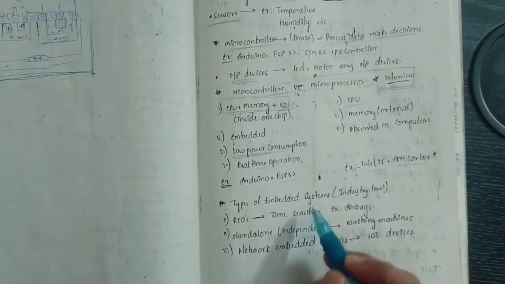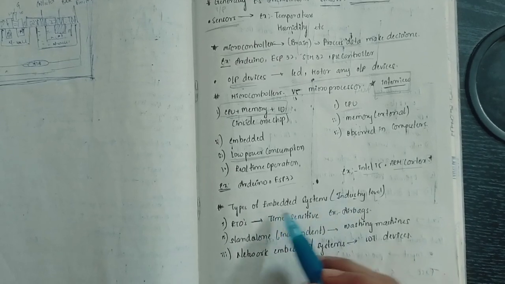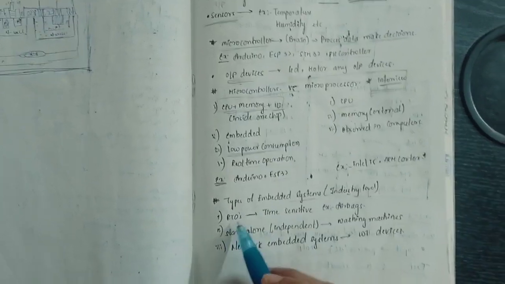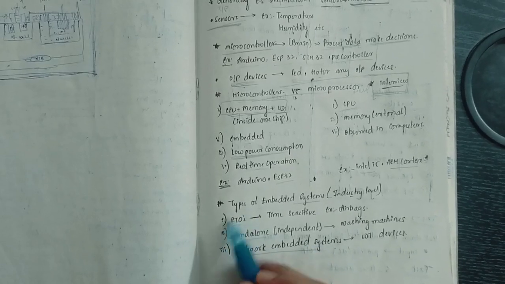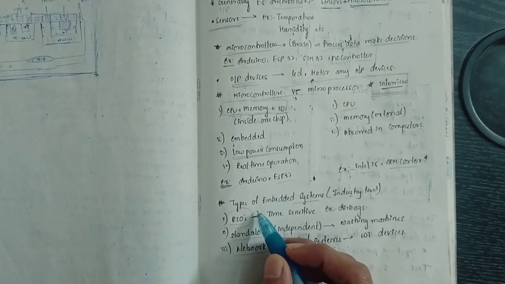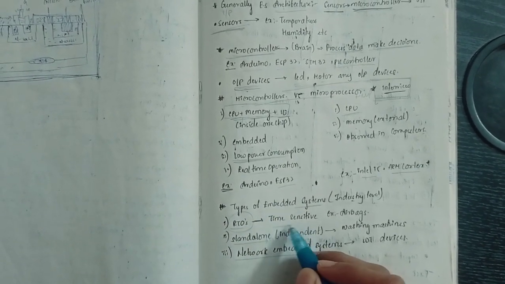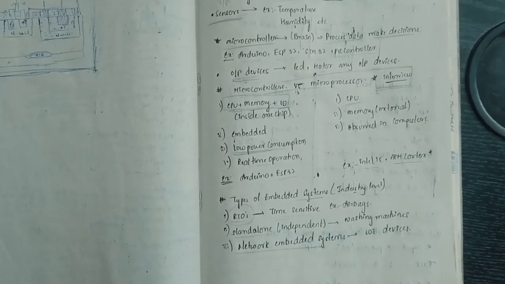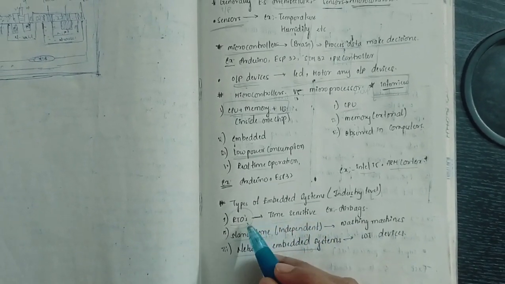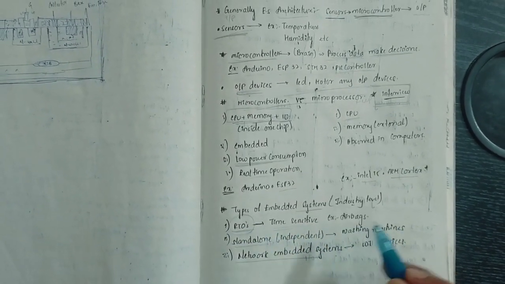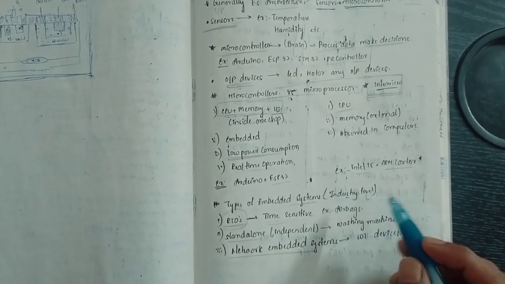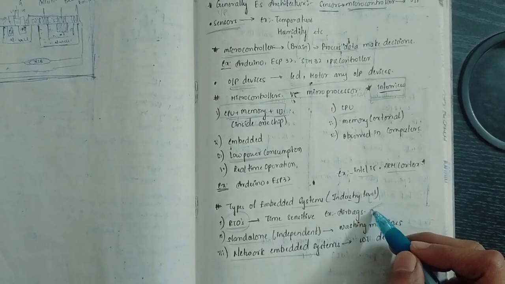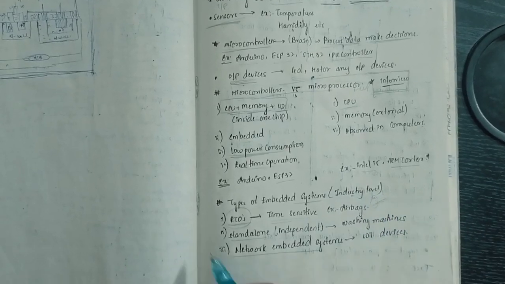As we are going to learn industry relevant skills, the types of embedded systems are RTOS, standalone, and network embedded systems. RTOS refers to real-time operating systems. These are time sensitive. When these fail, it might cause human loss or economic loss. A big example could be airbags.